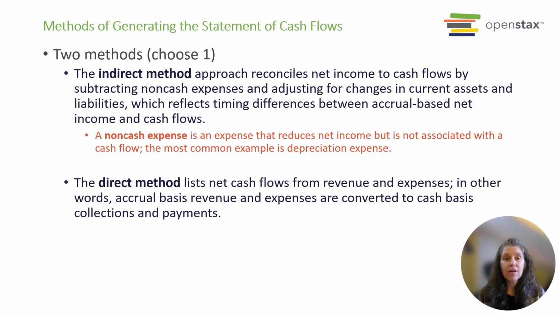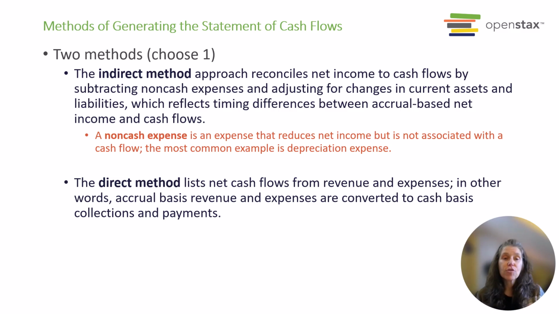This method reconciles or compares our net income to cash by taking from our net income number everything that is non-cash and adjusting for any changes in our current assets and our liabilities. So this is the most appropriate and GAAP approved way to manage a statement of cash flows when you're using the accrual method. So that is the one we're going to focus on.